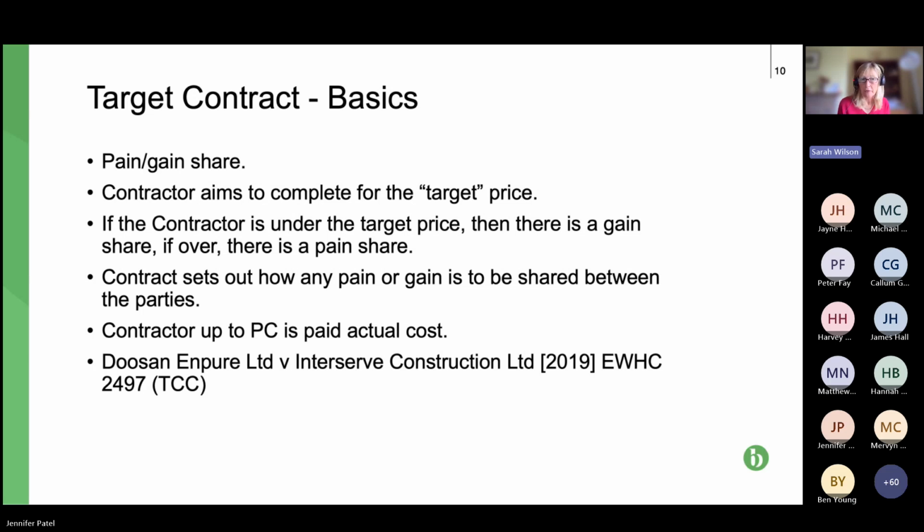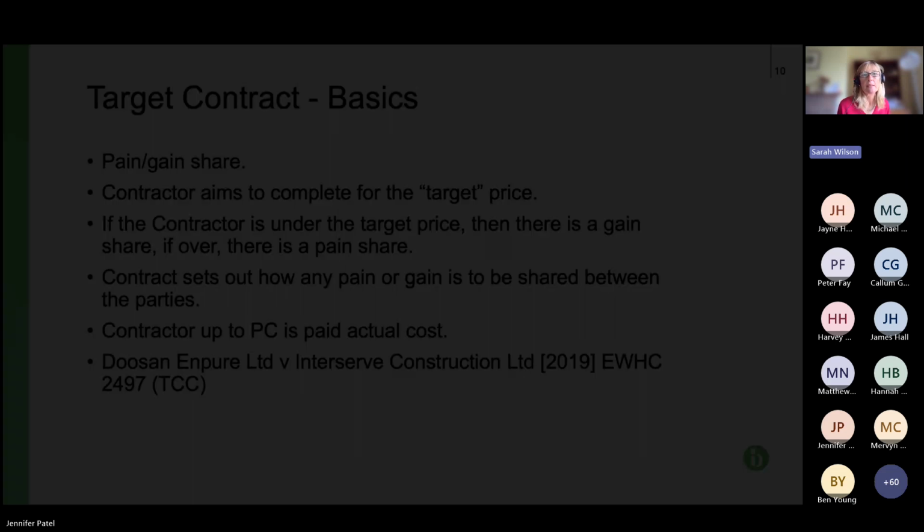What you need to be aware of, if you're a contractor or a subcontractor, is that the contract doesn't just allow a pain share to be altered, because that means the money's travelling one way only, from the party doing the work, the contractor or subcontractor in a subcontract, up the chain. There's no facility to pay it the other way until you get to completion. So just be careful about that. It would be a Z clause in the contract, so you just need to check it when you're reviewing your contracts. So if we can move on to the next slide, please, Jen.